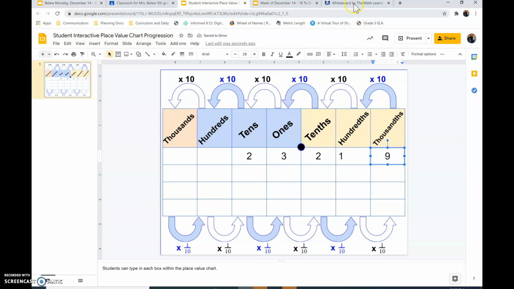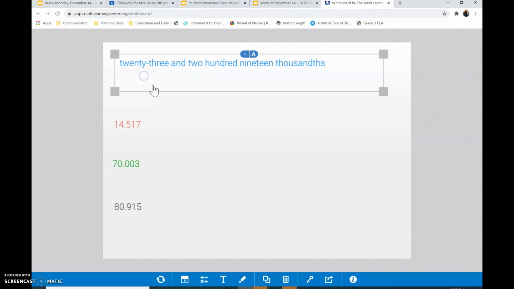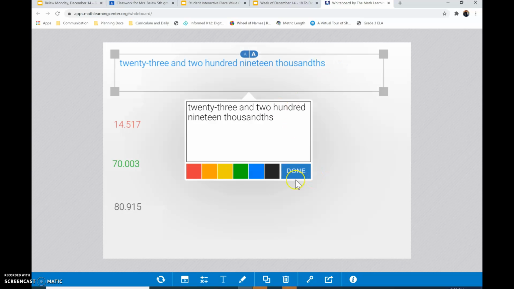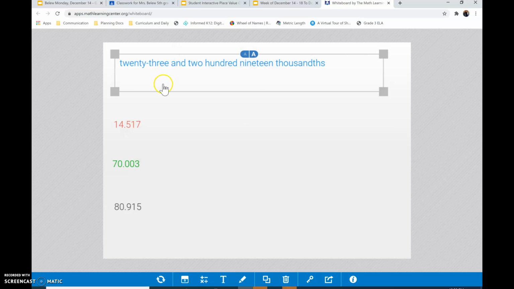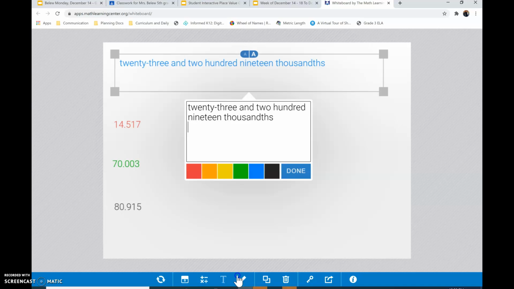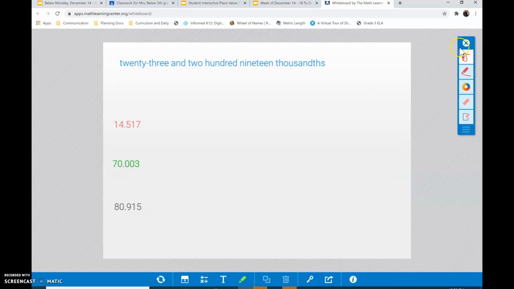So I would go back and I would type in or write the number 23 decimal 219 thousandths.